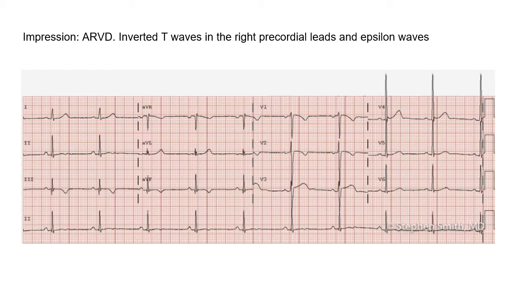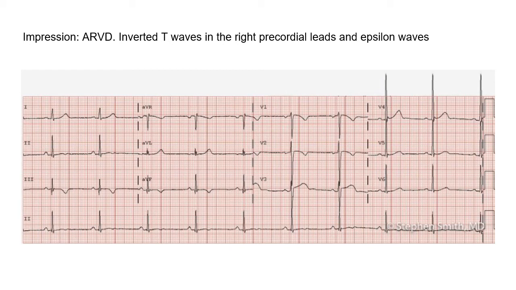So this is ARVD. Have you guys heard of ARVD before? What is ARVD? Yes. Arrhythmogenic right ventricular dysplasia. We can pick this up by inverted T waves in your right precordial leads, and then something called epsilon waves.